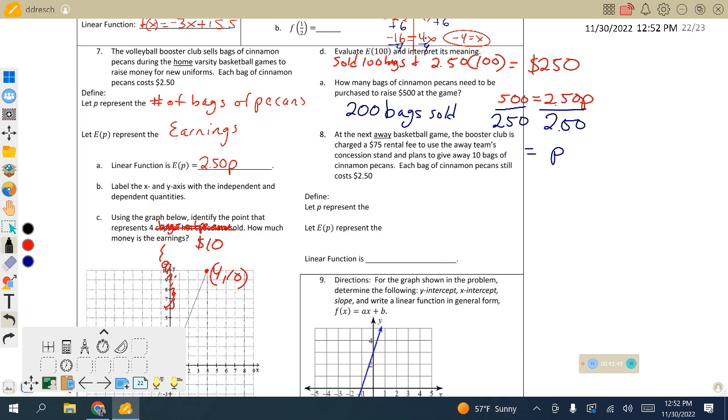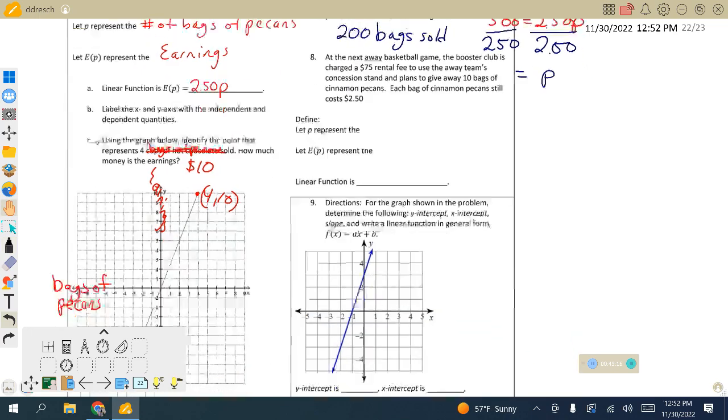Cool. And as we keep doing, if you've been paying attention during the practice, we then go to an away game. We're going to take our pecans on the road here to the away game. And as we can see here, being at the away game, we had to have a charge of $75 to use the concession stand. Oh, and we're giving away a few extra things, aren't we? So we've got to account for both of those minuses.